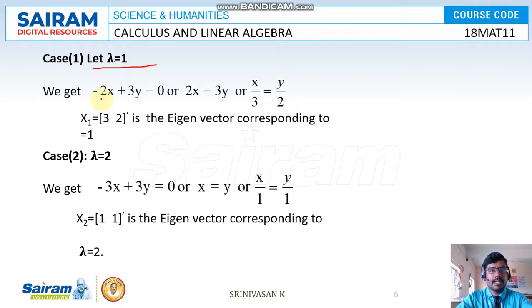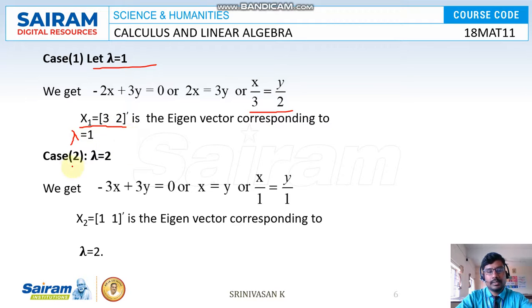That is minus 2x plus 3y equal to 0, or 2x equal to 3y, or x divided by 3 equal to y divided by 2. So we get 3 and 2. So x1 equal to [3, 2] transpose is the eigenvector corresponding to lambda equal to 1. So this is the one vector.